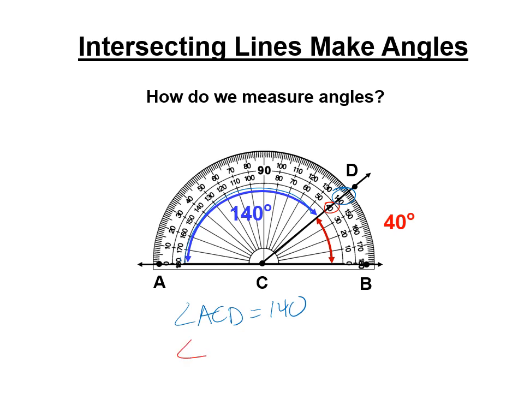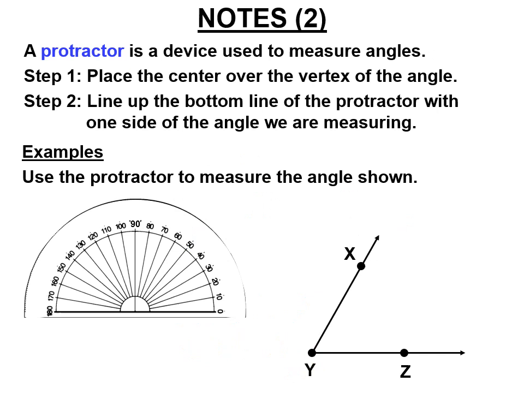So angle ACD is 140, angle BCD is 40, and those add up to 180. You'll notice that every combination of numbers here adds up to 180, and 90 plus 90 is also 180. That's because half a circle, or a semicircle, has 180 degrees. All right, so this is a protractor.